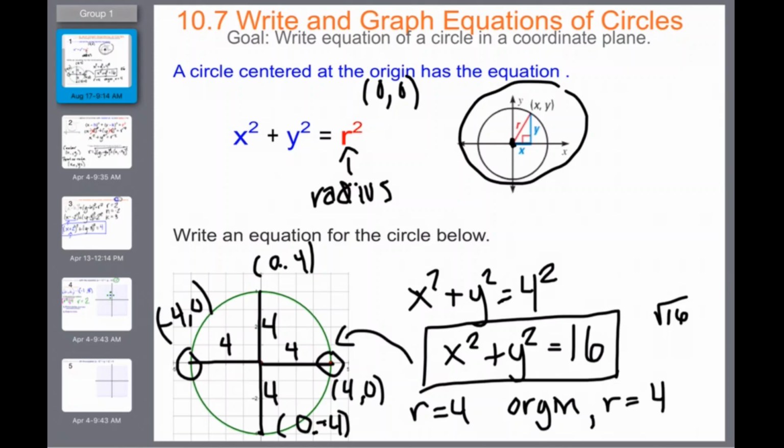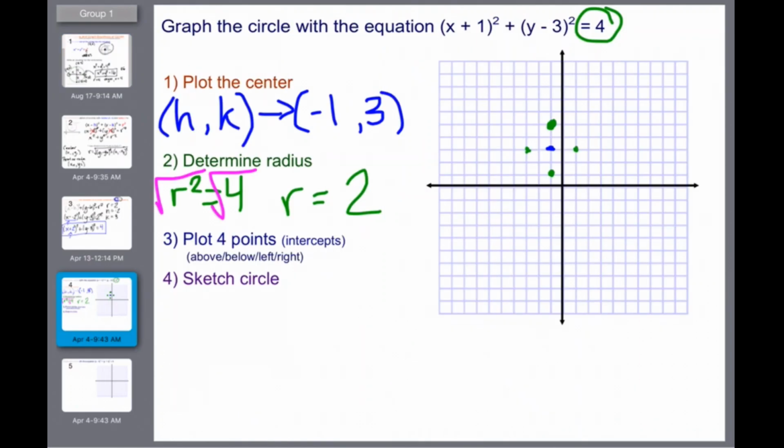Finding the radius from the graph, we have the radius in all 4 directions, giving us 4 points on our circle. We're doing the same thing here, just in the opposite direction. Now we just need to lightly sketch our circle. It doesn't need to be perfect. Now we have our circle graphed, and we have our radius represented right there as 2 units.